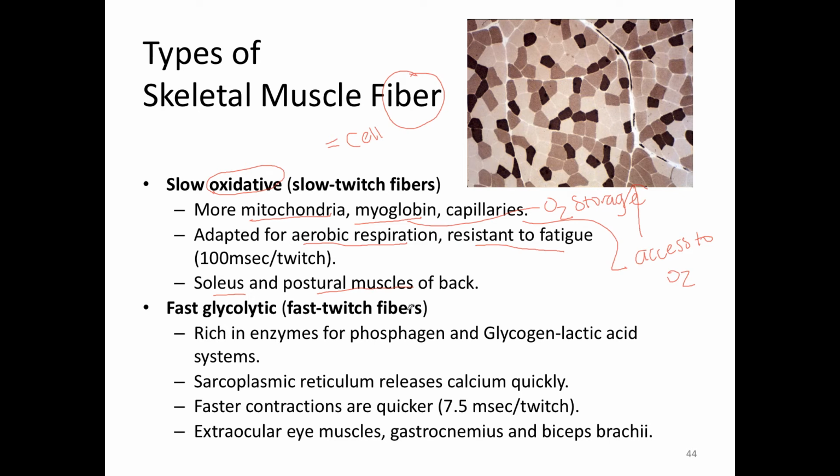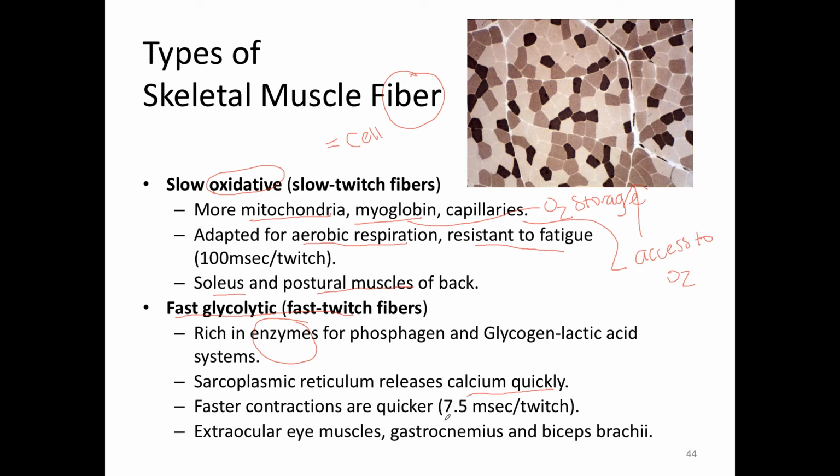And they have relatively slow twitches, about 100 milliseconds per twitch, which is pretty long in the time frame of muscles and nerves. Fast glycolytic or fast twitch fibers have lots of the enzymes for the phosphagen and glycogen lactic acid systems. They also have a sarcoplasmic reticulum that is primed to release calcium more quickly, through mechanisms that we won't discuss.